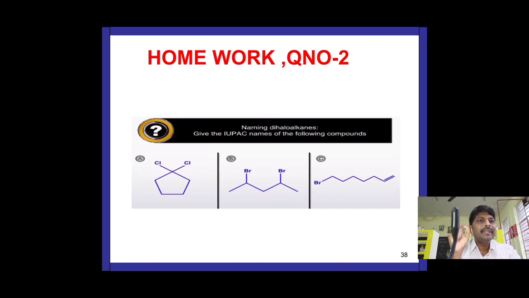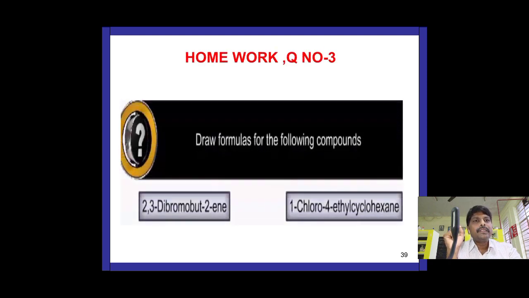Here two are there. In the last one, only one alkane is there. Next, question number 3: draw the formulas for the following compounds. 2,3-dibromobutene, and 1-chloro-4-ethylcyclohexene.